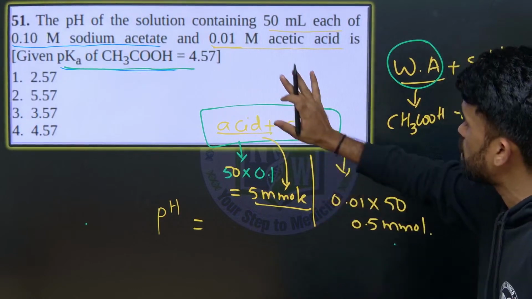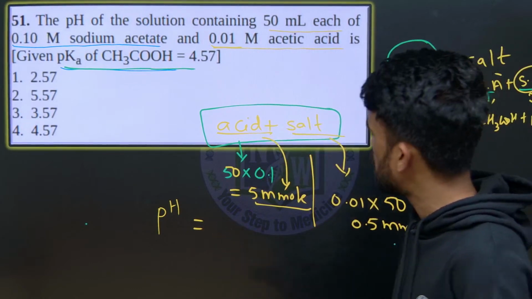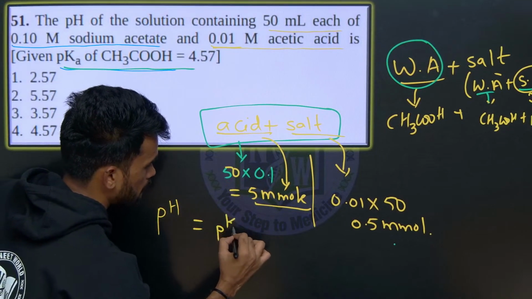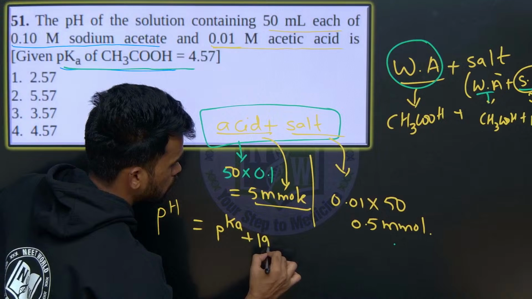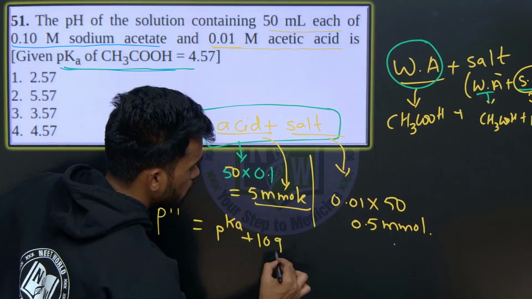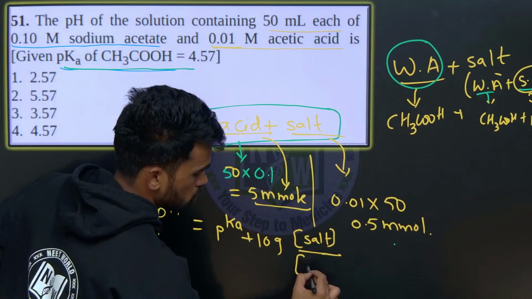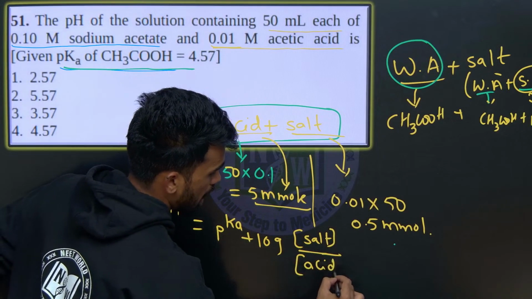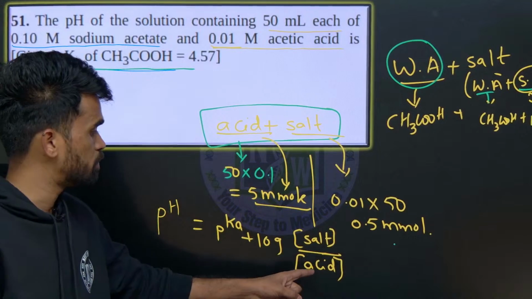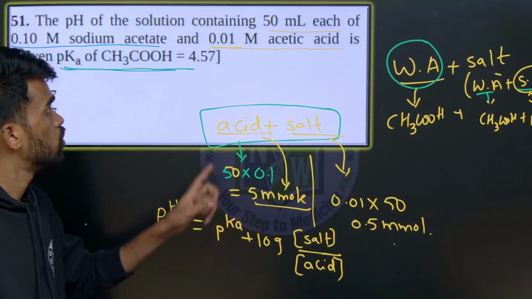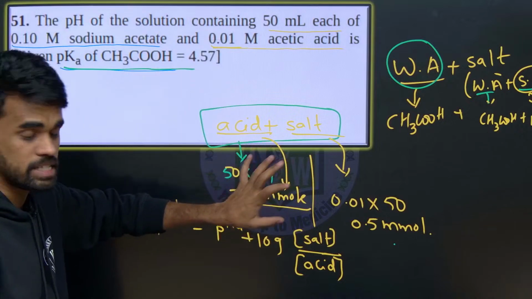Whenever we have an acidic buffer, the pH formula is pH equals pKa plus log of concentration of salt by concentration of acid. If it is an acidic buffer, take acid; if it is a basic buffer, take base. Acetic acid is there, so this is an acidic buffer.